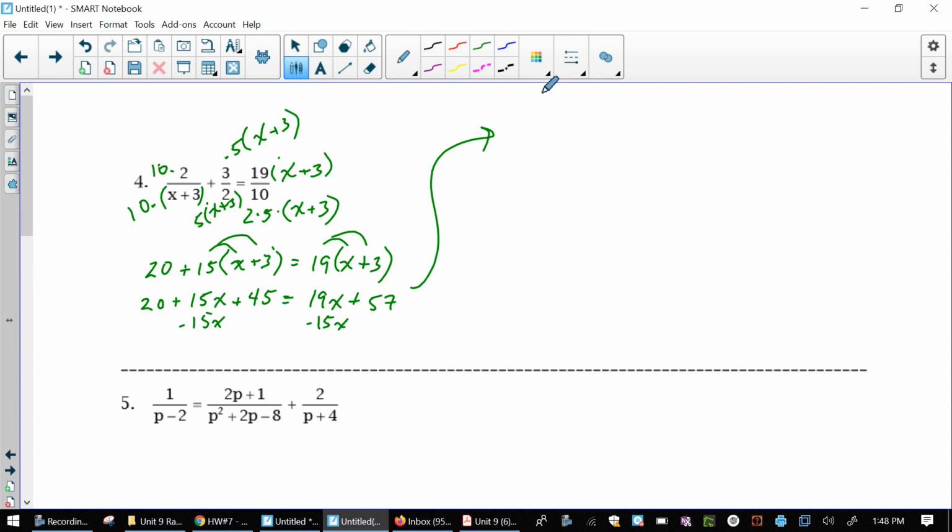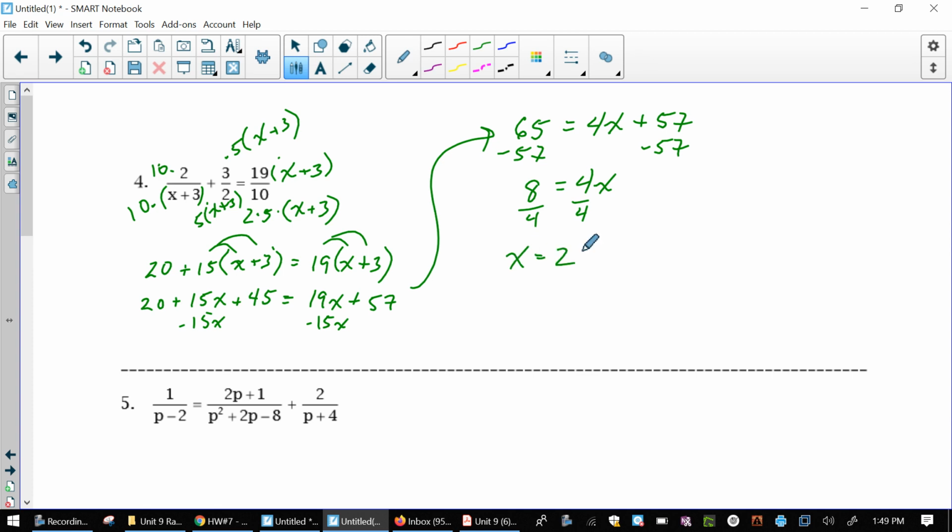And now I have 20 plus 45 on the left side, which is 65. 19x minus 15x is 4x, plus 57. Subtract 57 from both sides. And 65 minus 57 gives me 8 equals 4x. Divide by 4, divide by 4, and we get x equals 2.